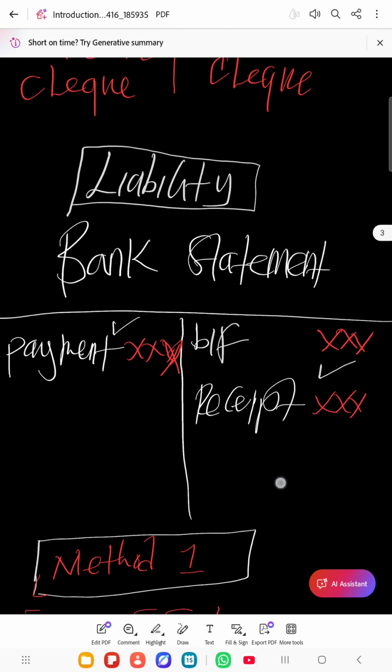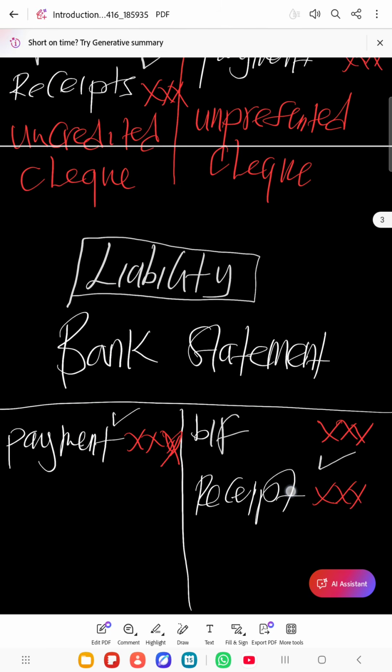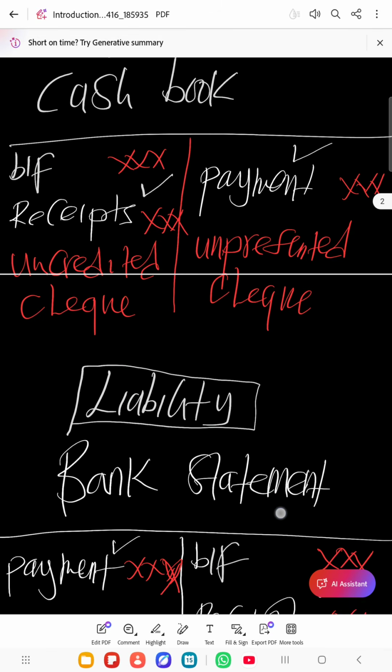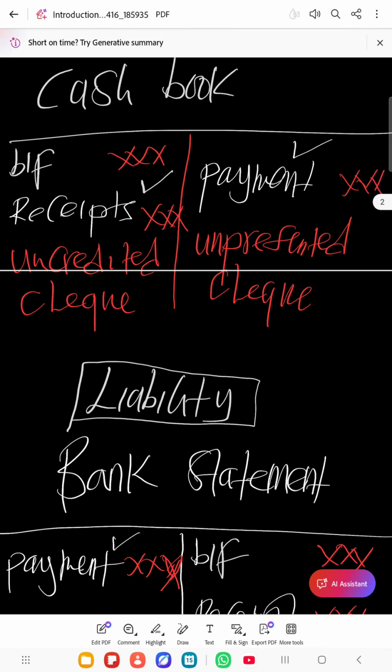And then if you're given such a question where you've got tables, your uncredited checks are always found on the debit side of the cash book. Your unpresented checks are always found on the credit side of the cash book. The reason I've explained these two terminologies and also the table is because questions come differently.